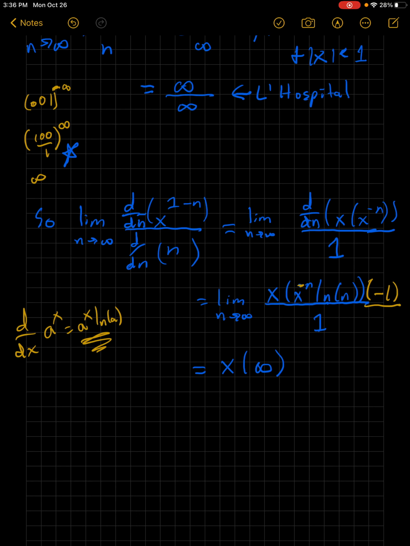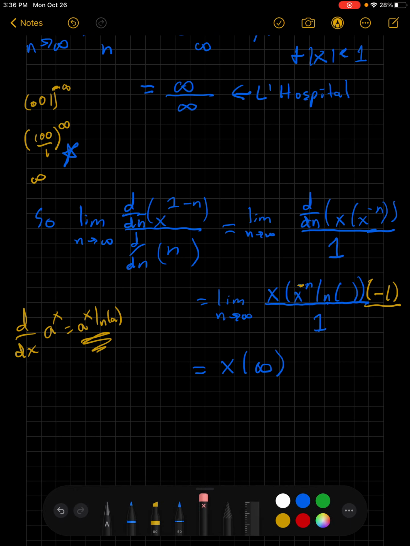Let me make sure I have all the bits. Oh, and this is ln of x, and by my formula here on the left, there's a typo. This should be ln of x. There we go. My formula over here on the left is a to the x ln of a, so if my a is x, that should be that.